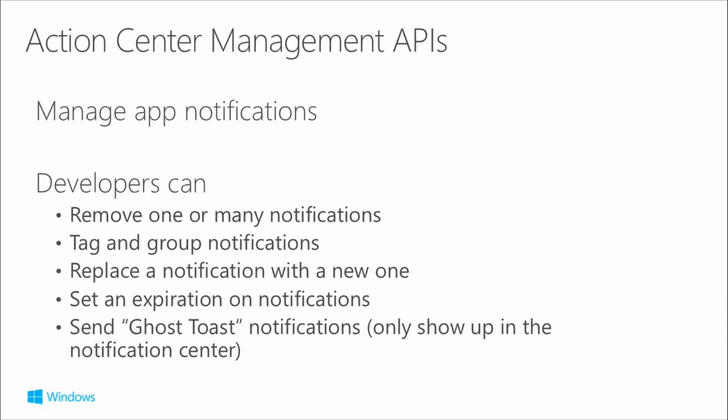The classic example for this is in Facebook: you want to know when somebody tags you in a photo, but you don't necessarily want to know when there's a giant group chat with 50 people and they're all saying okay. So you can send the unimportant notifications as ghost toast notifications. They'll show up in the Action Center, but they won't show up as an actual toast on the system. It's a way of streamlining the notification experience so your users find it slightly less annoying.